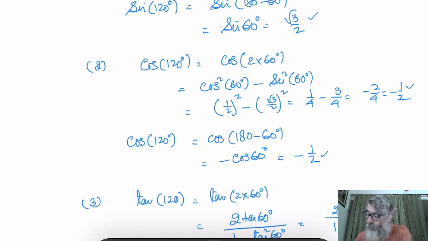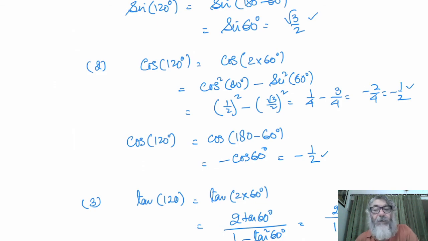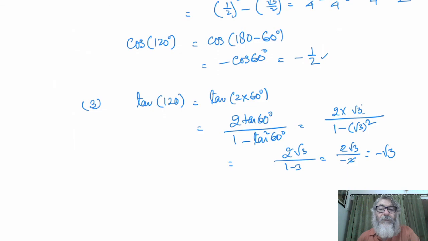In the numerator I have 2 into root 3, while in the denominator I have 1 minus 3. That will come 2 root 3 upon minus 2. That will give you minus root 3. So value of tan 120 is minus root 3. Again 120 is falling in the second quadrant and tan is negative in the second quadrant.